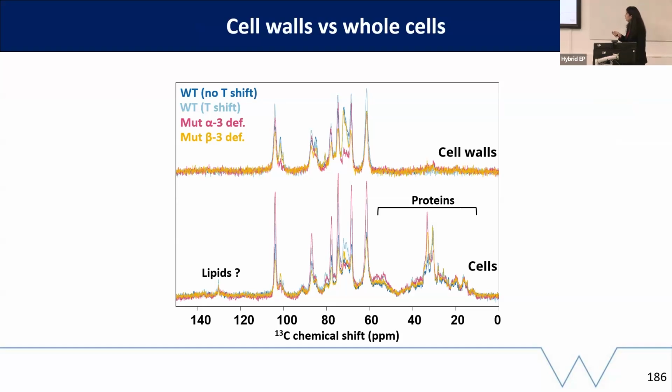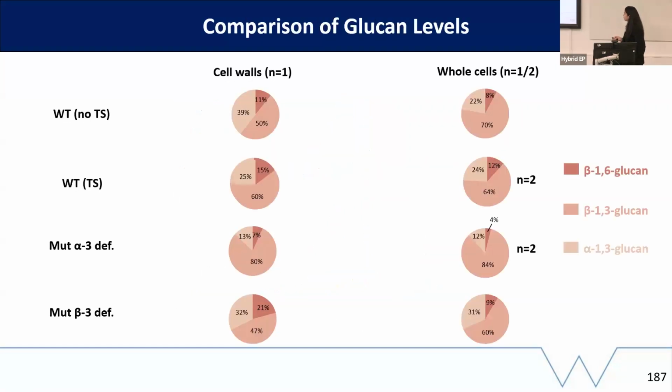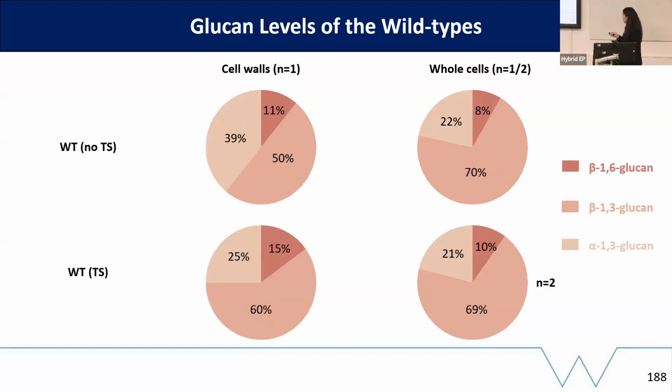If we look at the cell walls, we just see the sugars, whereas in the cells, we see proteins and lipids, which is expected because we are not doing any washing; we are observing it as it is. So I did similar compositional analysis on both the cell walls and the whole cells. Let's look at the wild type.